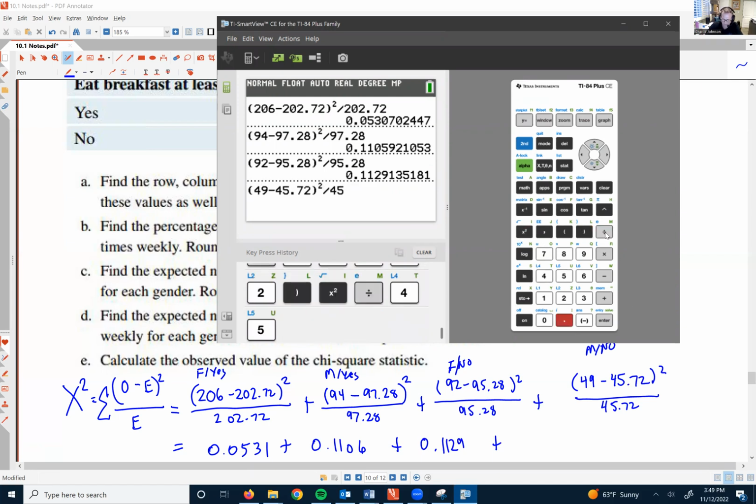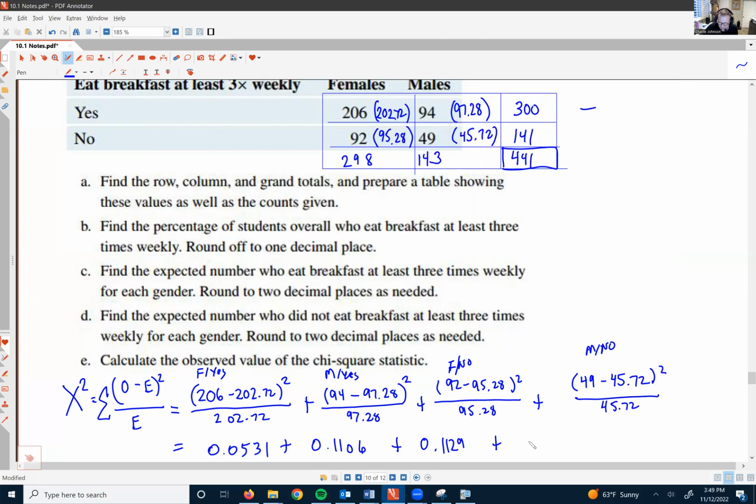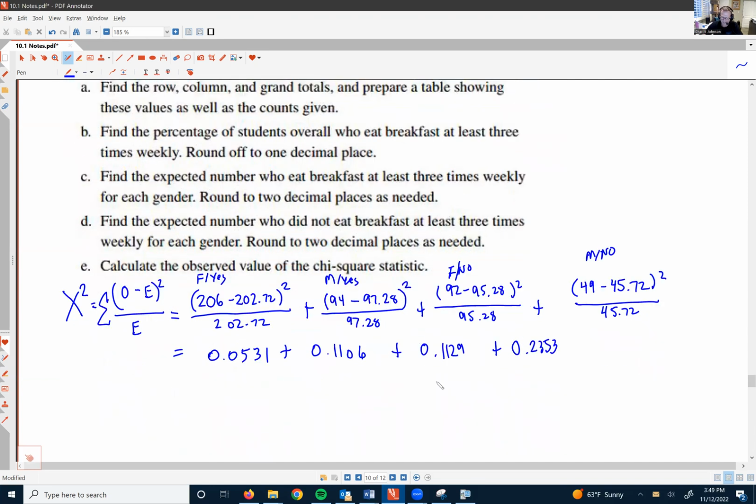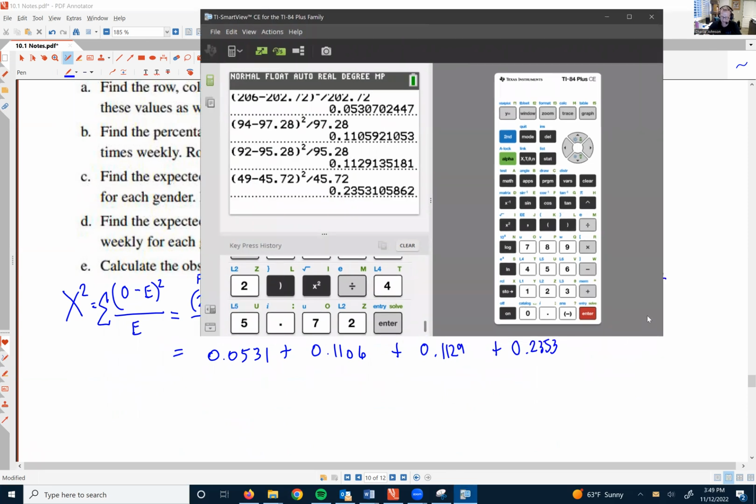Divided by 45.72. And that contribution is the biggest one, but we see that they varied far, 49, 45. And so a large contribution here, 0.02353. And so finally, we add all those up to see what our test statistic is, to see how big or how small it is.